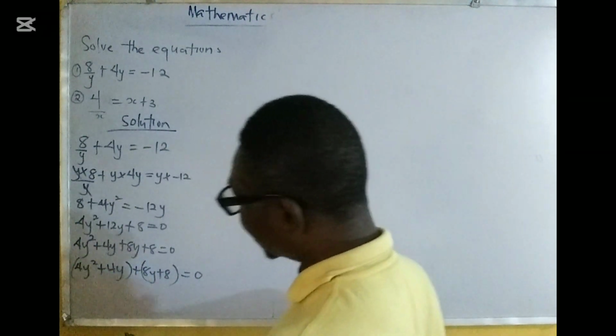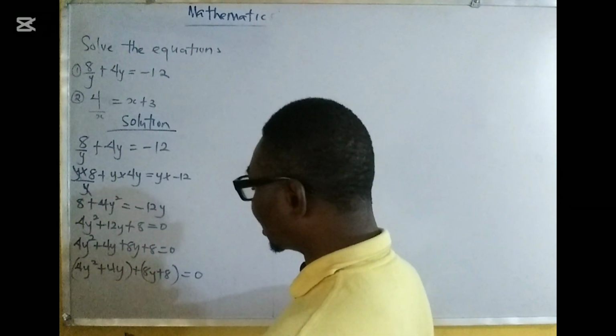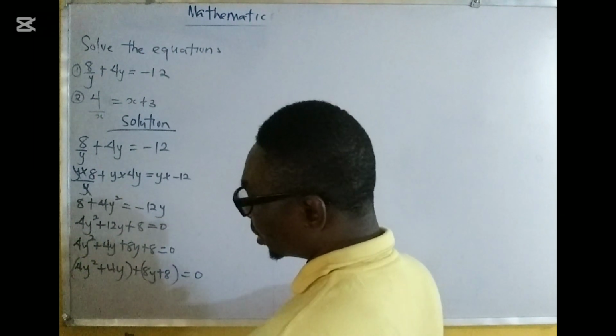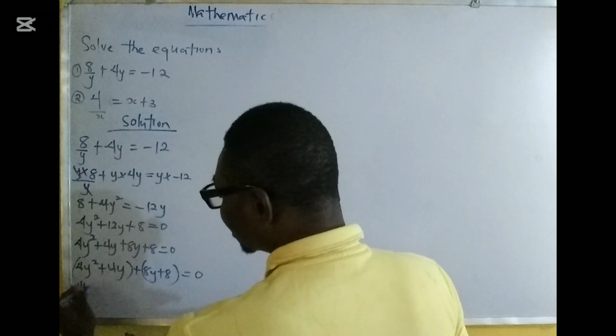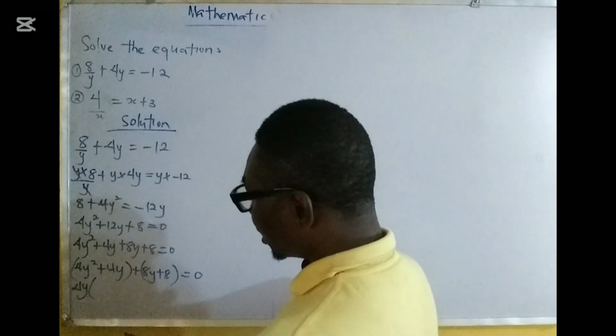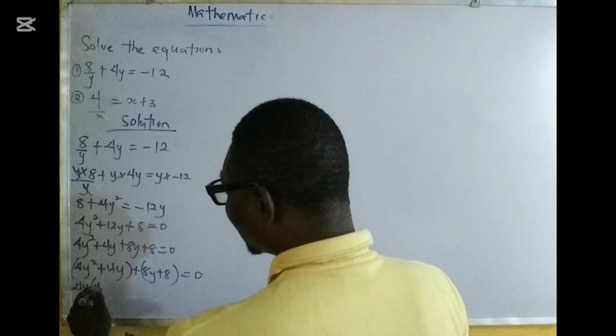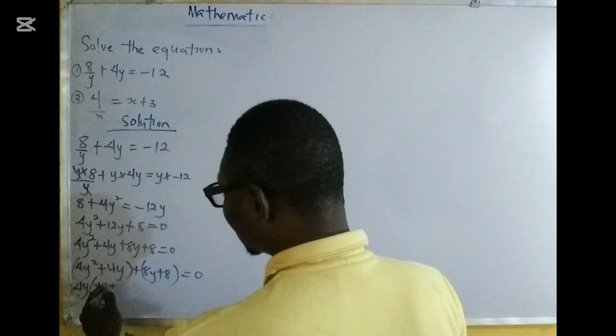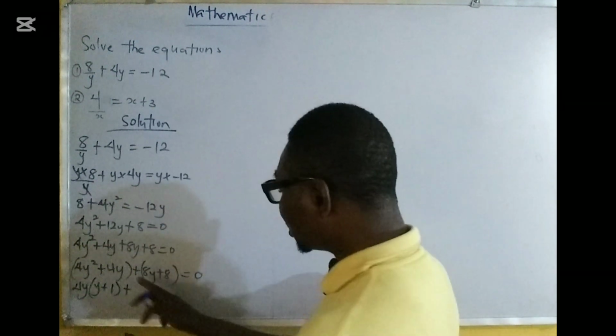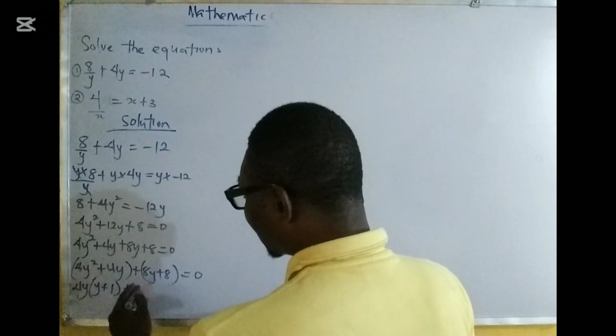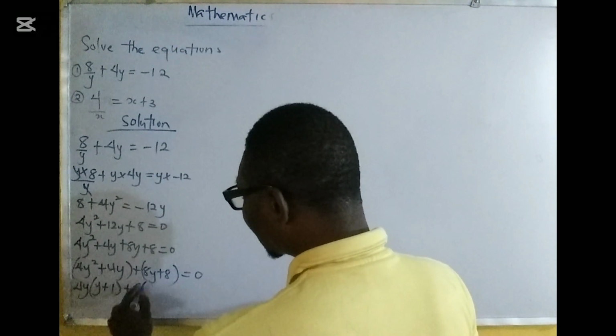Now at this point you factorize. What is common here? We know that 4y is common. So your 4y will now be outside the bracket. Then 4y divided by 4y squared will give us only y, and 4y divided by 4y gives 1, so we have y plus 1. Then what is common here? We have 8. Now your 8 will be outside the bracket.